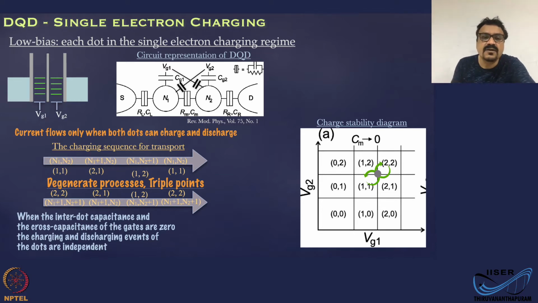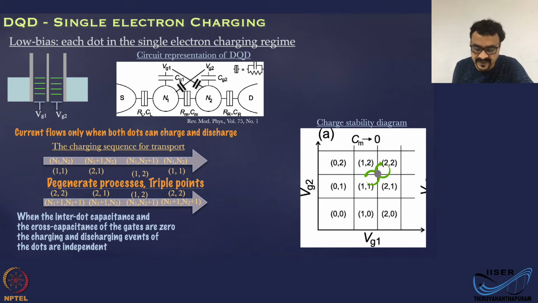So when you consider all these things, with n1 electrons on one dot and n2 electrons on the other dot, usually you will start with an n1, n2 charge state. The first digit represents the number of electrons on dot 1 and the second represents the number of electrons on dot 2.